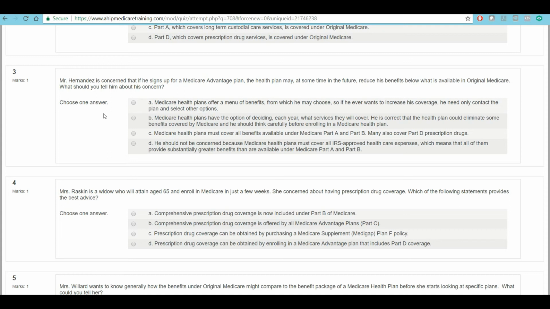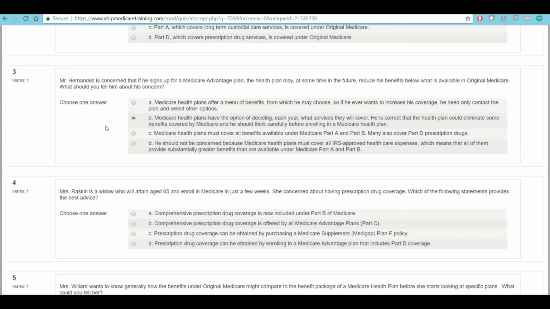So B, Medicare health plans have the option of deciding each year what services they will cover. He is correct that the health plan could eliminate some benefits covered by Medicare, and he should think carefully before enrolling in a Medicare health plan. I'm going to say that's a possibility.